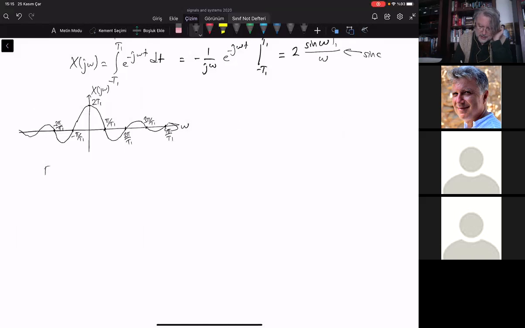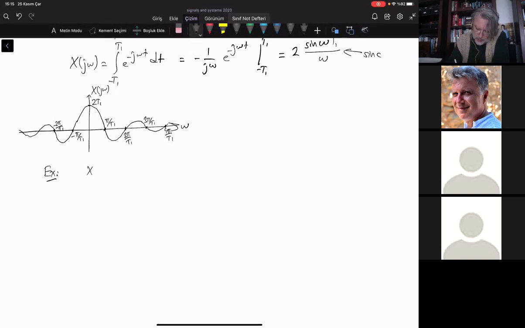Now, another property-like thing is an example about the inverse Fourier transform. We haven't seen any inverse Fourier transform examples yet, but this would be a good idea, and it will show us a duality property.